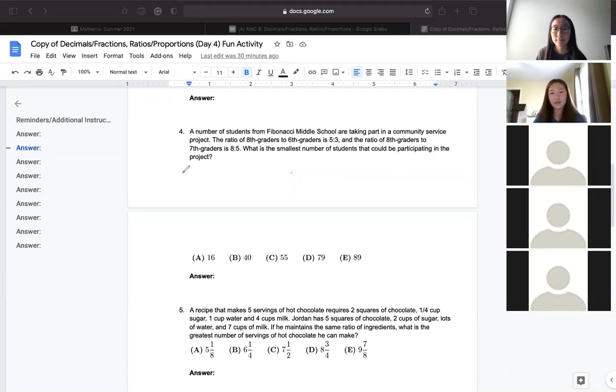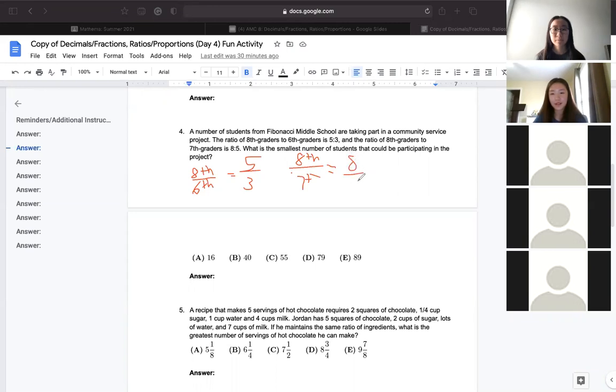And so first we see that 8th graders to 6th graders is 5:3. So 8th to 6th is 5:3. And then it tells us that 8th graders to 7th graders is 8:5.